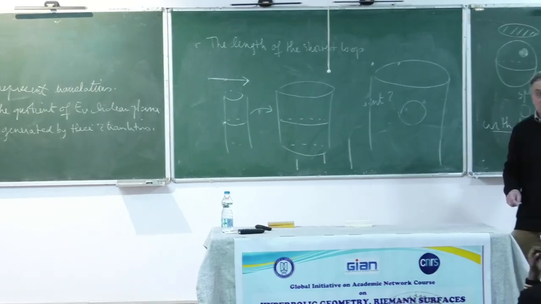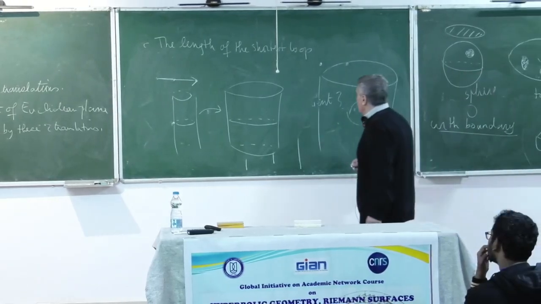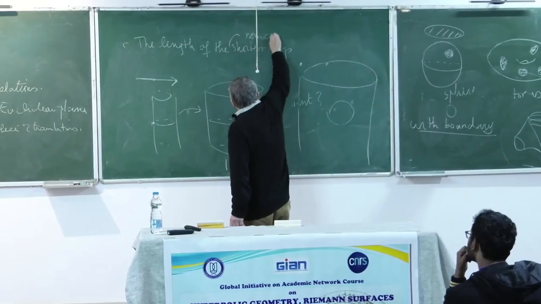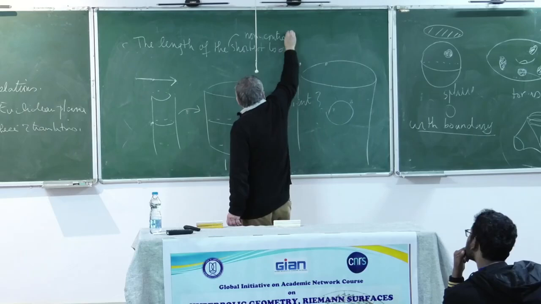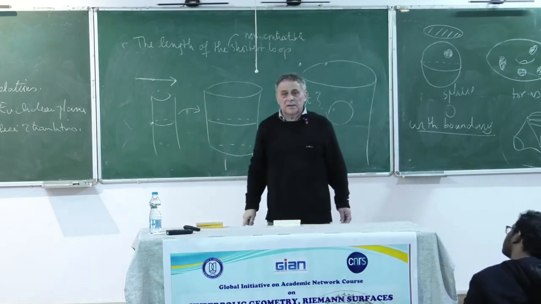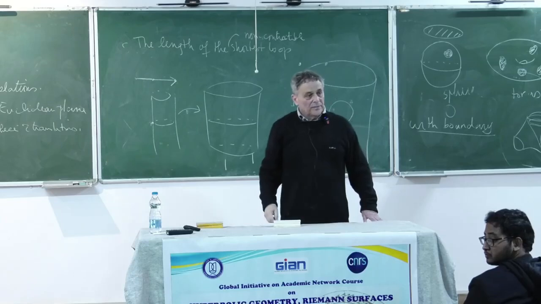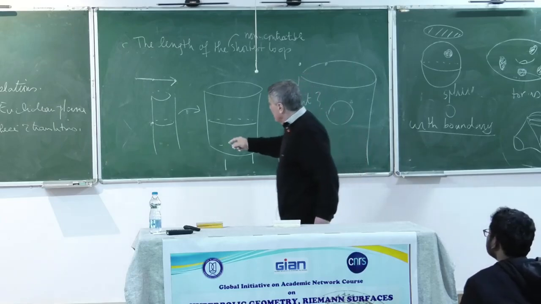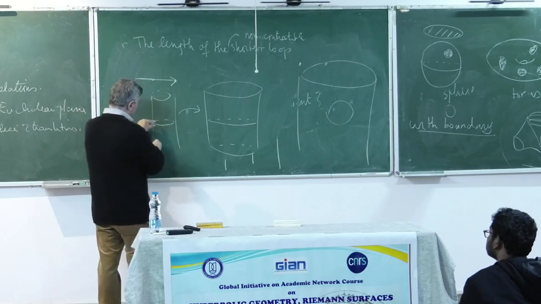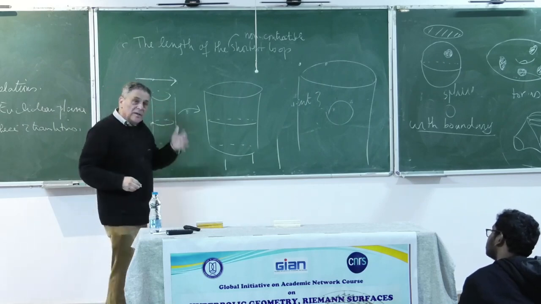Non-contractible. Yes, right. The shortest non-contractible loop. Because here you see I have this cylinder, and then there's a shortest non-contractible loop, and this is an isometry invariant.